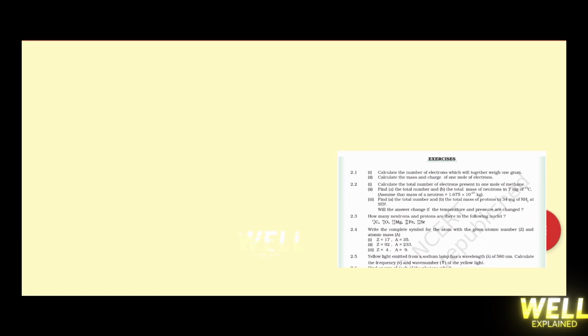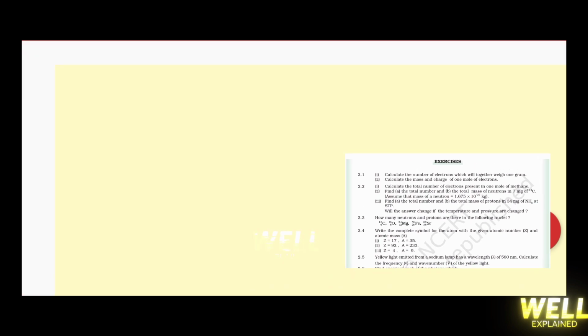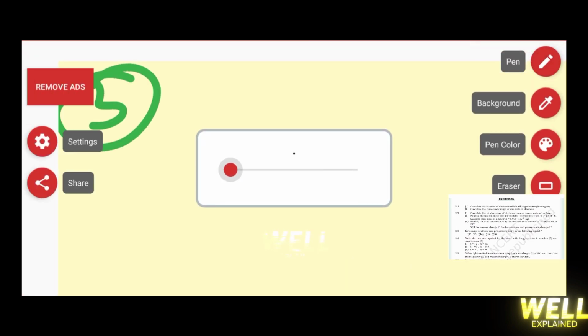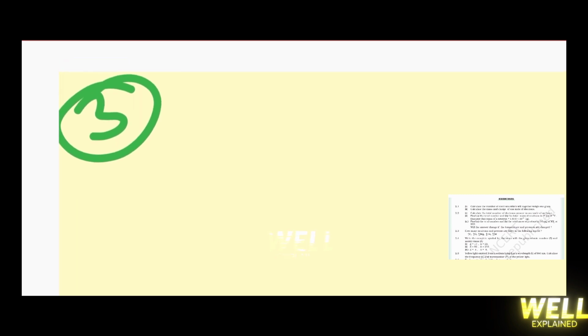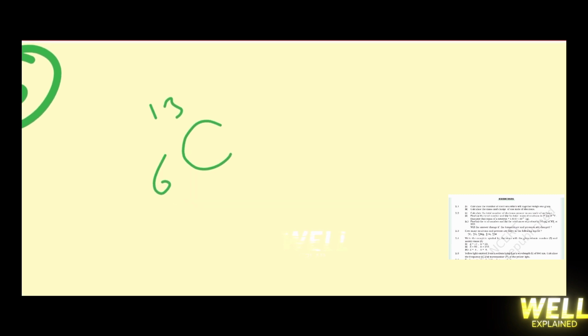Question number 3 says, how many neutrons and protons are there in the following nuclei? So in carbon 13 and 6, atomic number is 6 and mass number is 13. How many neutrons and protons?